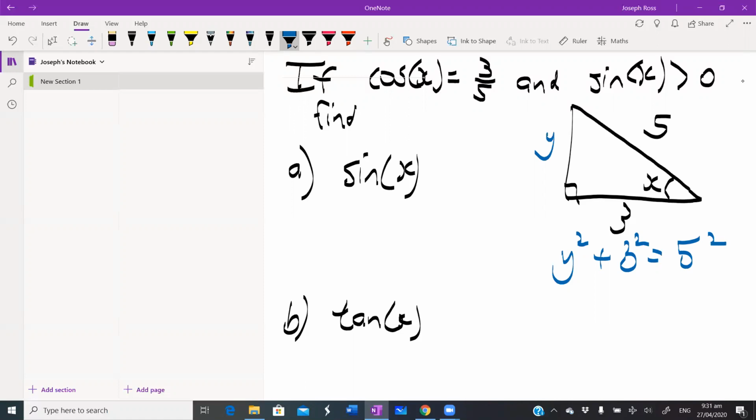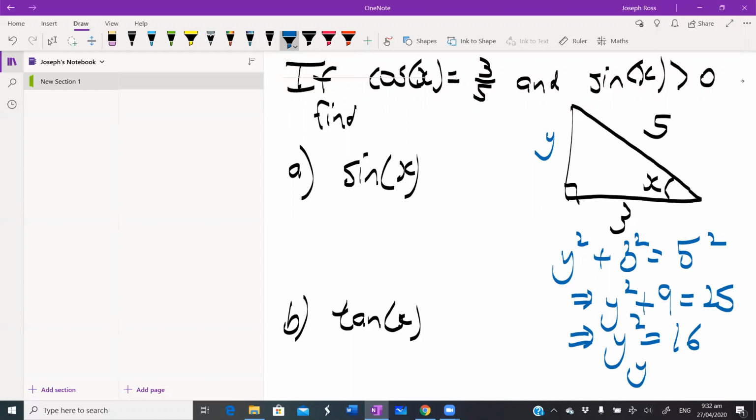And if we calculate 3 squared and 5 squared, we've got y squared plus 9 equals 25. And that means that y squared is 16, which means that y is going to be 4. So here we've got a side length of 4.